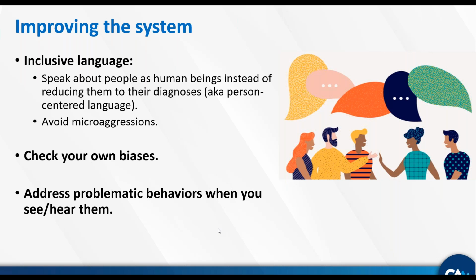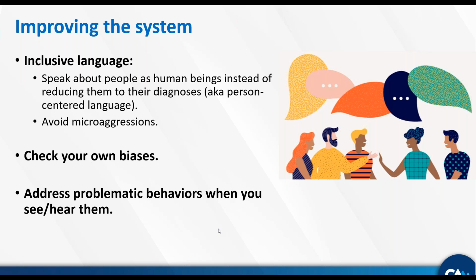So when we're thinking about improving the system, like we talked about earlier, inclusive language is such a big piece of this. One thing to consider as well is something called person-centered language. If you're thinking, what do I do, what could I say differently?